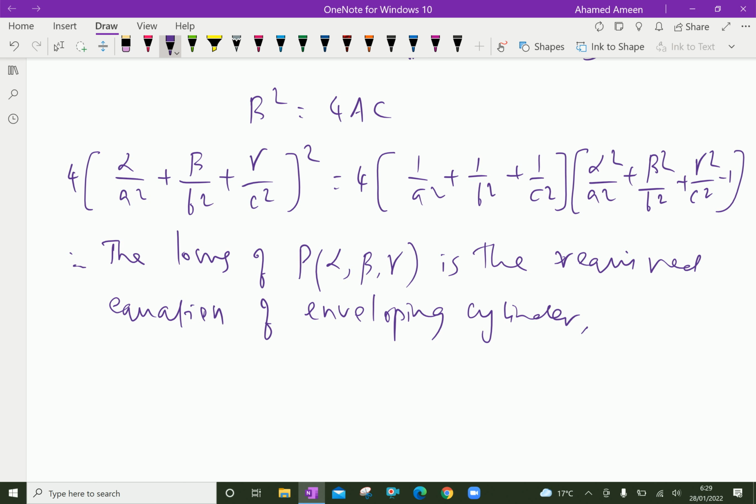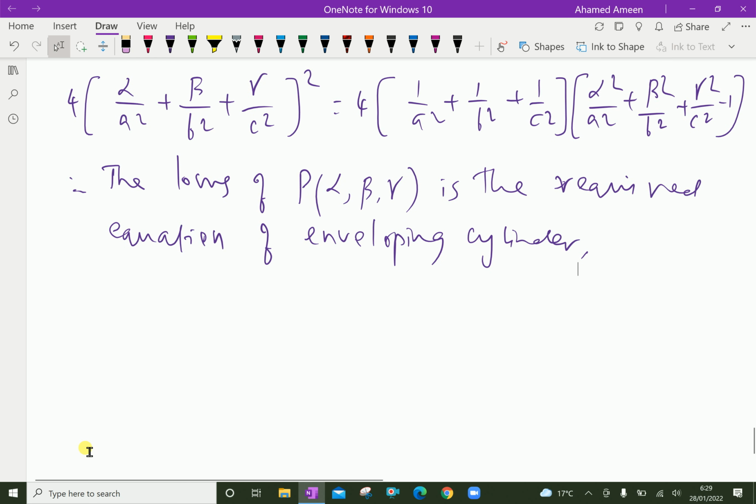Then we substitute x, y, z for alpha, beta, gamma.